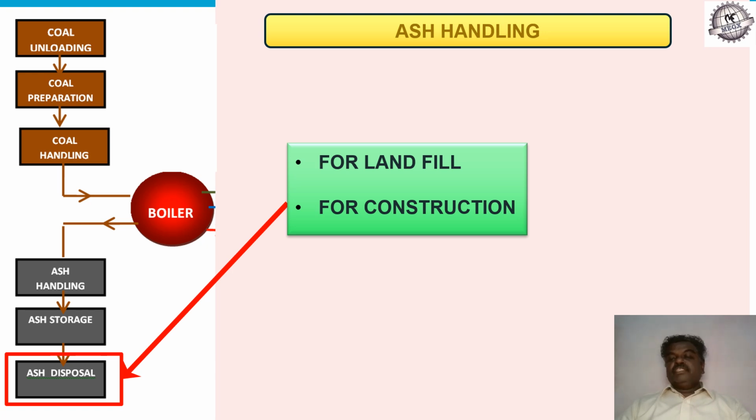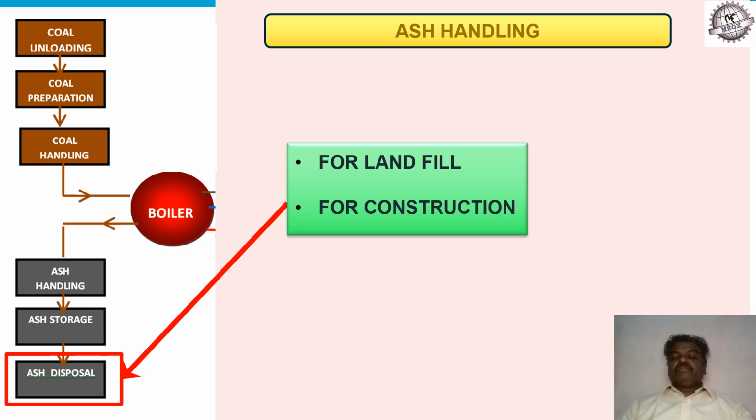These days, civil engineers have found ways to make bricks from the fly ash, that is ash that comes from the boiler. The bricks that are made out of this fly ash are compatible with the normal clay bricks, and in some cases they are even superior to the normal clay bricks in terms of their strength and water retaining properties.